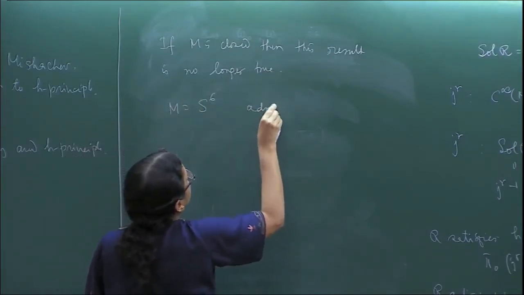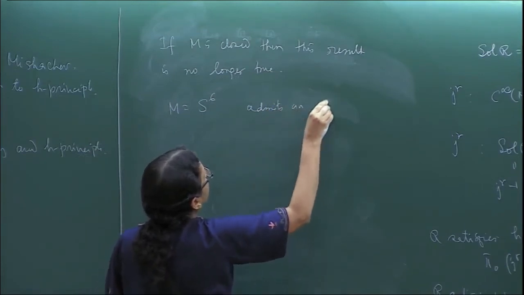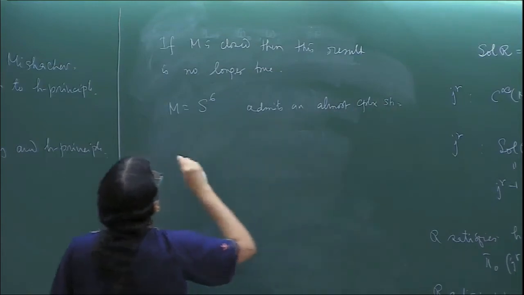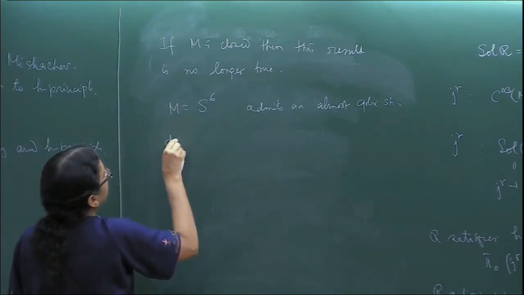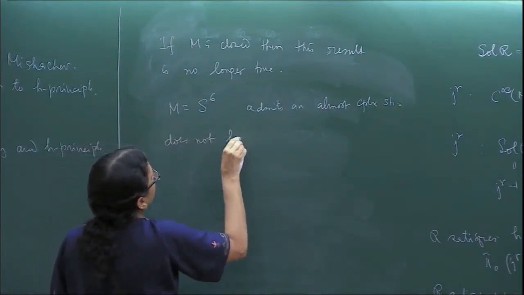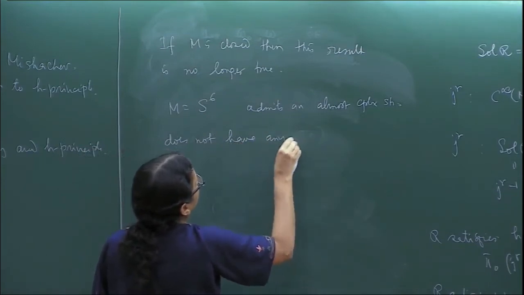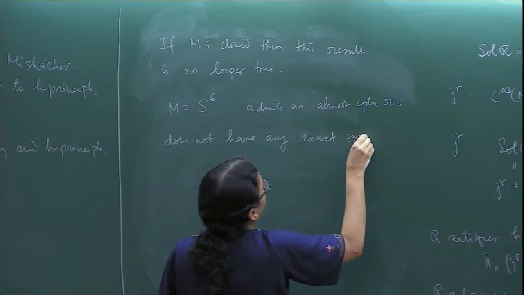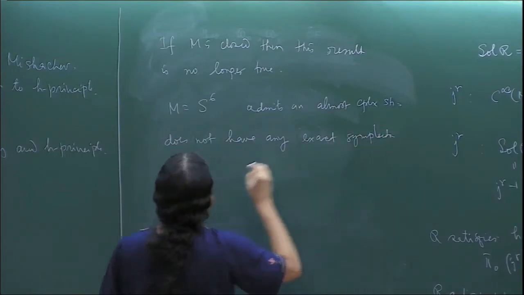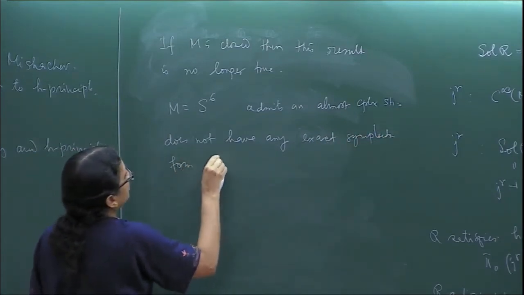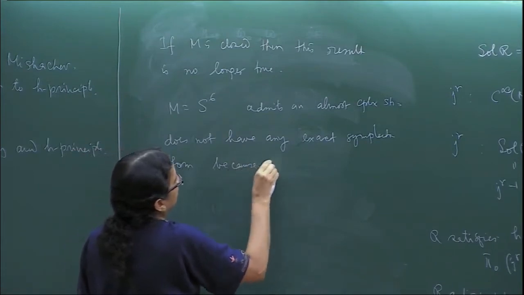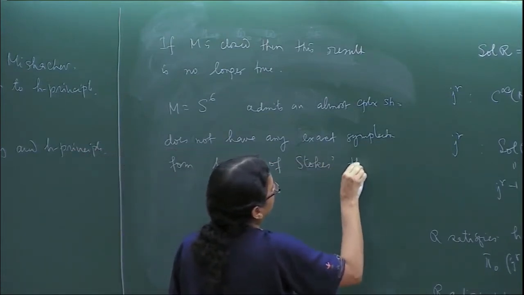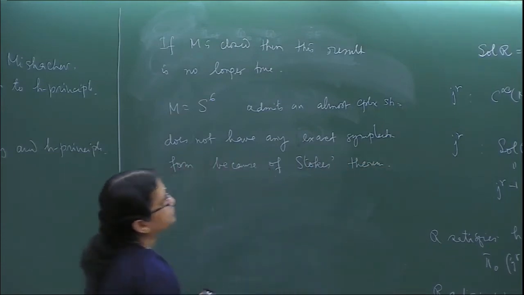This admits an almost complex structure, but does not have any exact symplectic form because of Stokes' theorem. Okay.